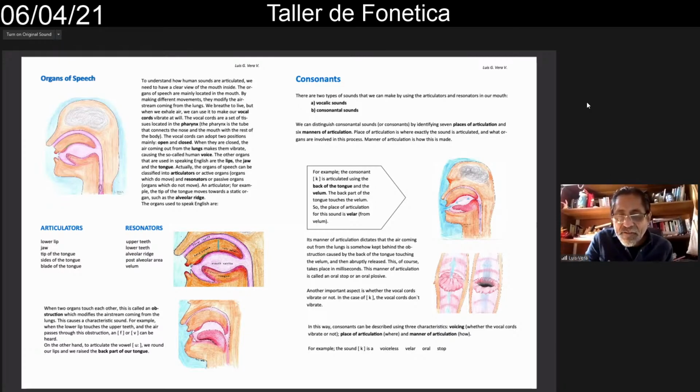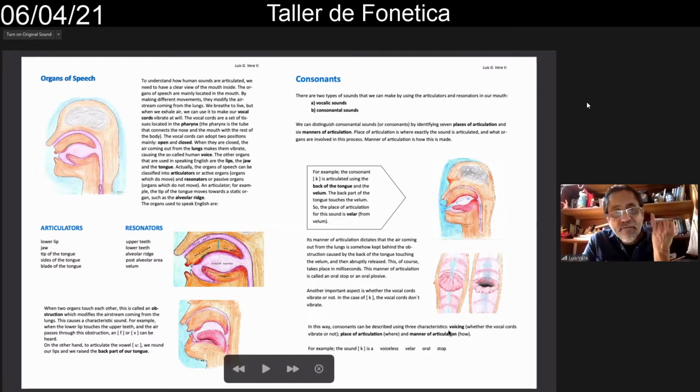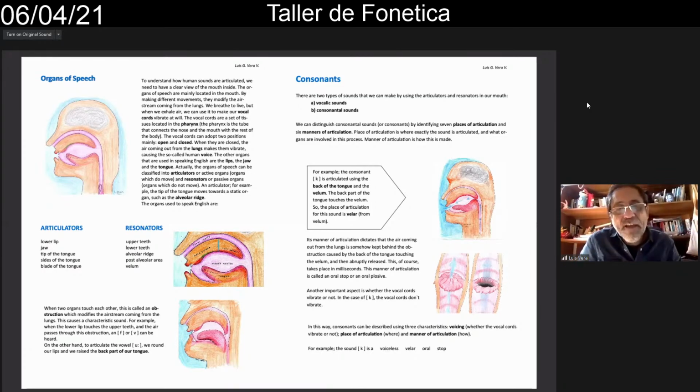In this way, consonants can be described using 3 characteristics: voicing, whether the vocal cords vibrate or not, place of articulation, where, and manner of articulation, how. For example, the sound k is a voiceless velar oral stop, and that is the technical name for that phenomenon called k.